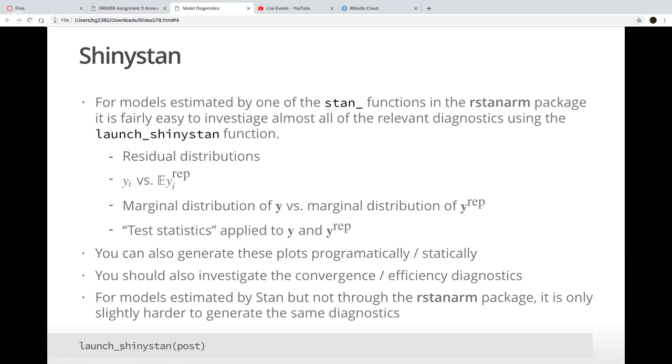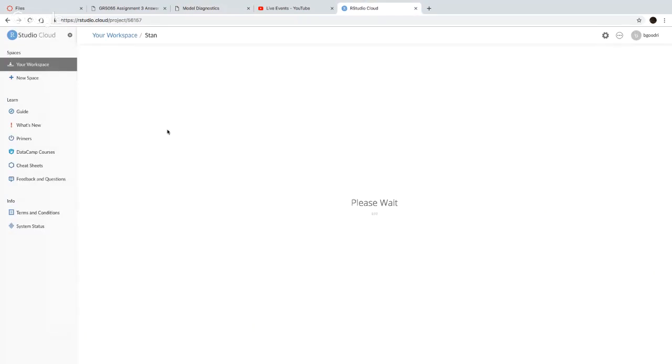Anyway, to do this on your own laptops, you can just do launch_shinystan for an object produced by one of the fitting functions in rstanarm, and it will look. But why am I waiting?